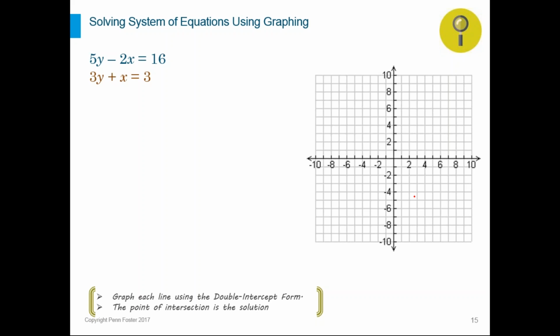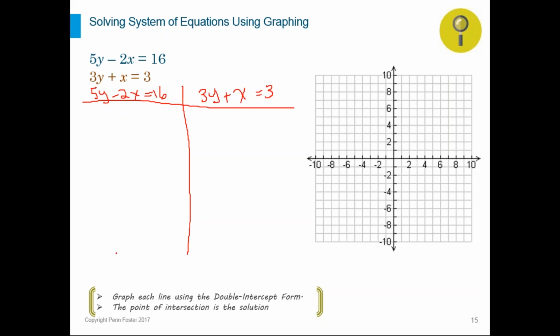I think it is the easiest method for graphing a line. So I'm going to divide my screen into two halves. That half is for the first line, 5y minus 2x equals 16, and this half is for graphing the second line, 3y plus x equals 3.